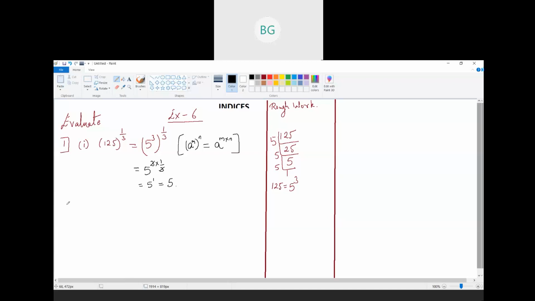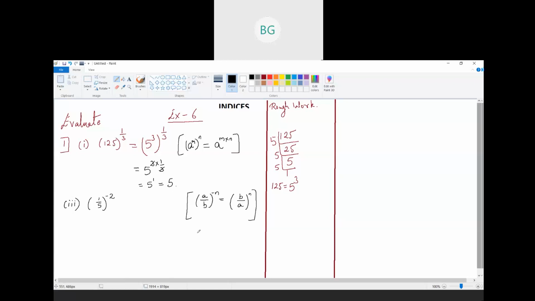Okay. Then moving on to the third one, that is 1 by 5 to the power minus 2. Now as I said, whenever we have negative powers we have to convert them into positive. So which law do we use here? a upon b raised to minus n is equal to b upon a raised to n.